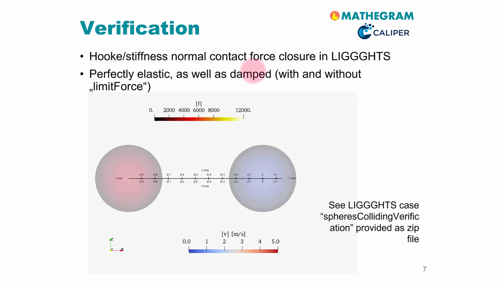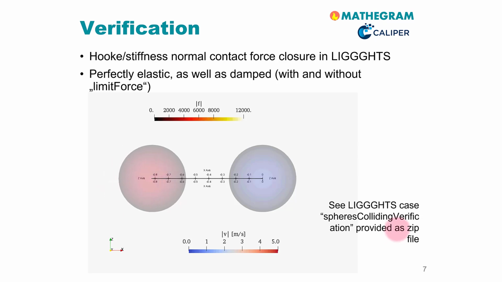So we have lowered the coefficient of restitution. What we would also like to highlight here is the switch limit force. We have discussed this in the contact force closures, and limit force does nothing else than limiting the contact force in this case to be purely repulsive. More information about this test case can be found here.